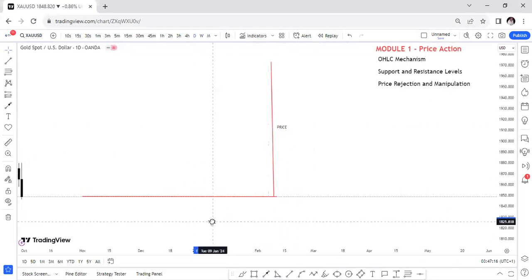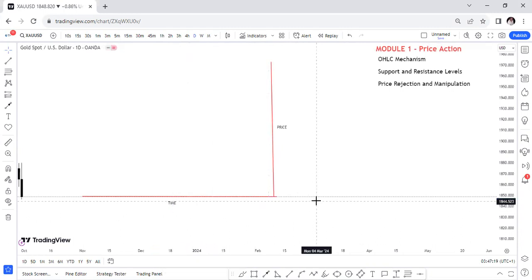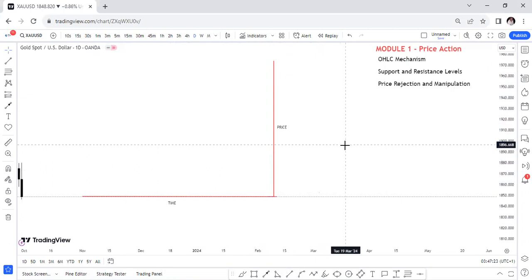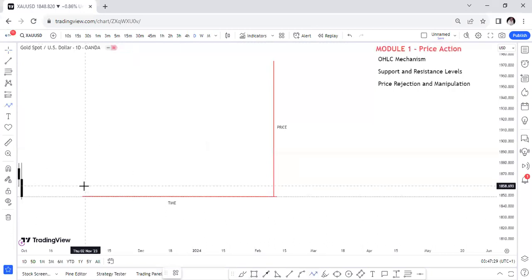So price action is all about supply and demand forces moving along the price time chart.